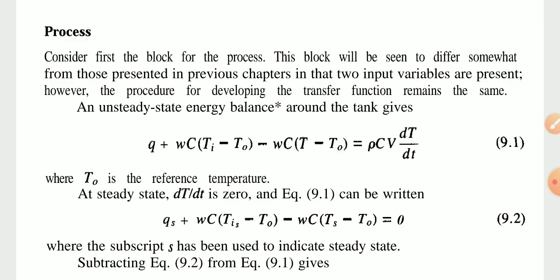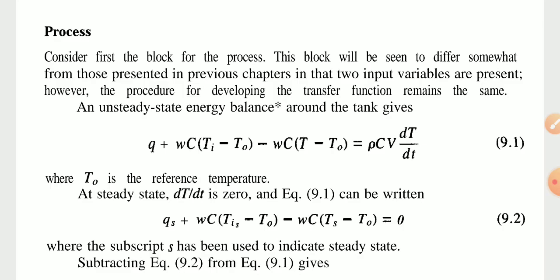Consider the first block in this process. This block will be seen to differ somewhat from those presented in the previous chapter in that two input variables are presented. However, the procedure for developing the transfer function remains the same.